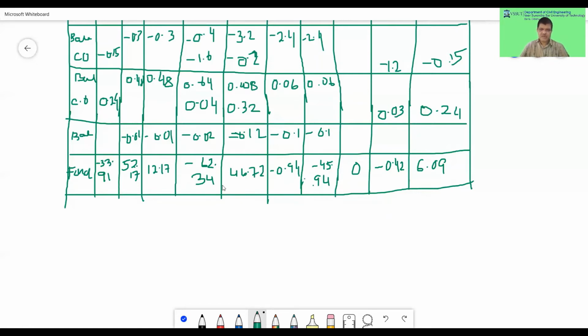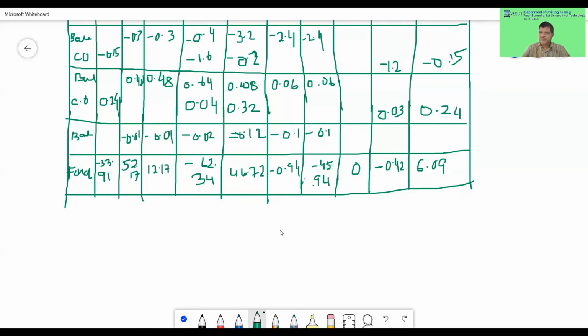Similarly, minus 45.94 minus 0.94 comes to around minus 46.88. So there is a slight difference here. You can check the values. It is a slight margin because we have been making round figures. And at D it is 0.